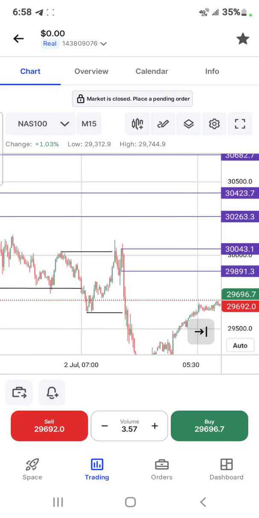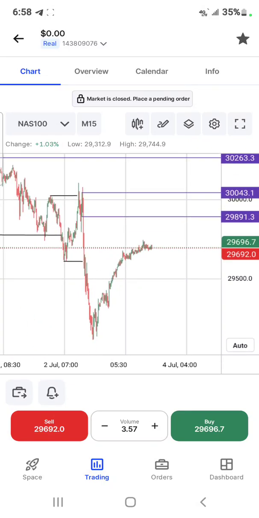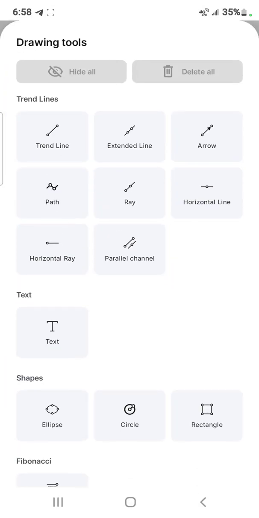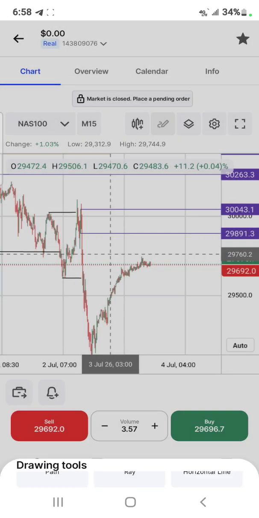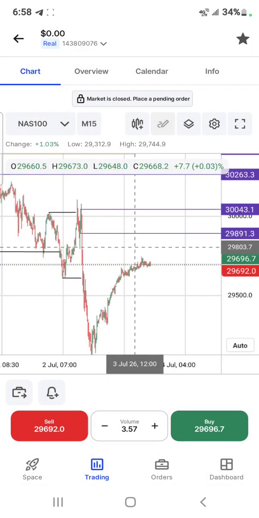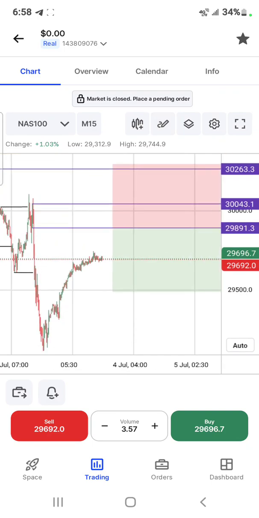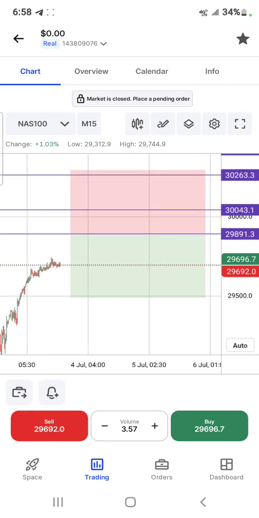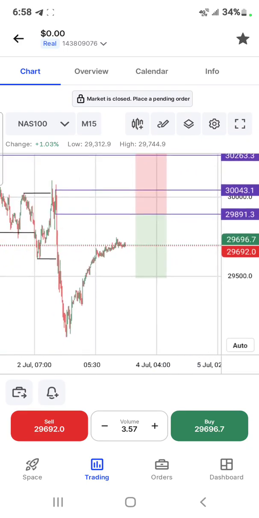Therefore, we are to go for a short position, which would look like this. Short position on max 100. Our entry is here at this zone. Look at it. This is our entry.